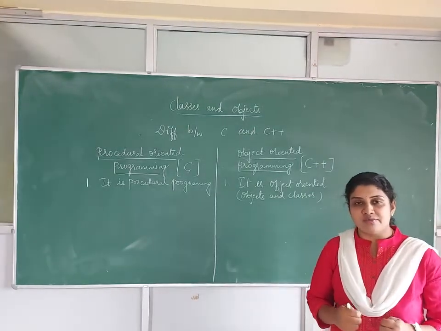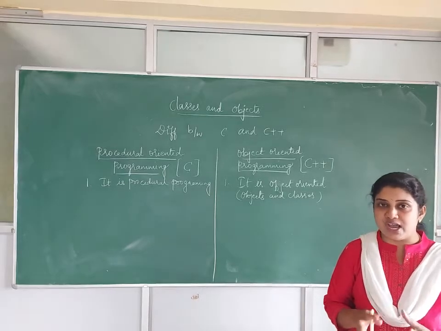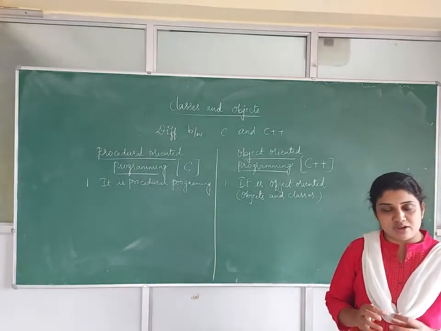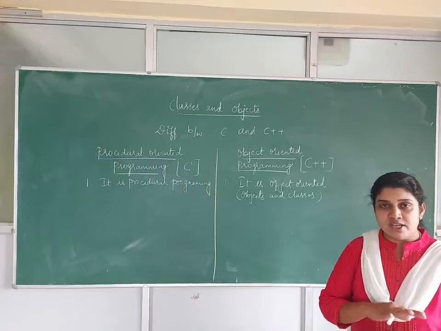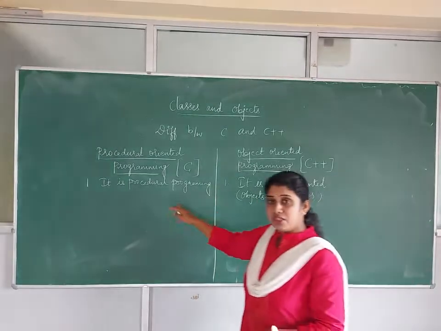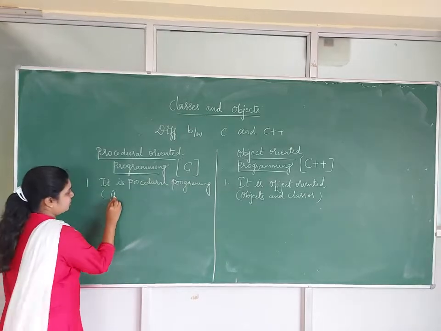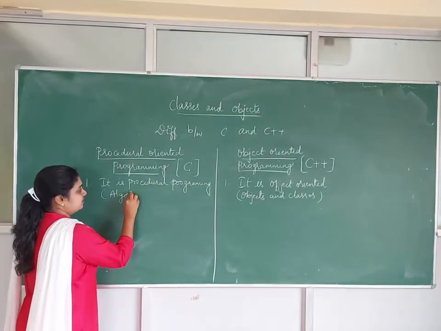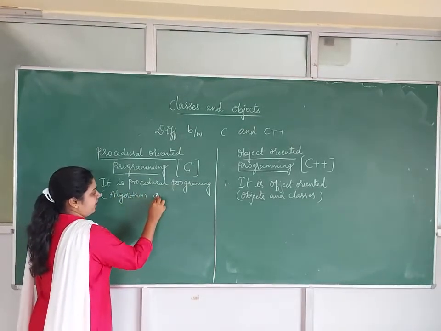With the help of objects and classes, you access or modify or perform whatever you need. Everything is based on objects and classes. But procedural programming is based on algorithm and flowchart.